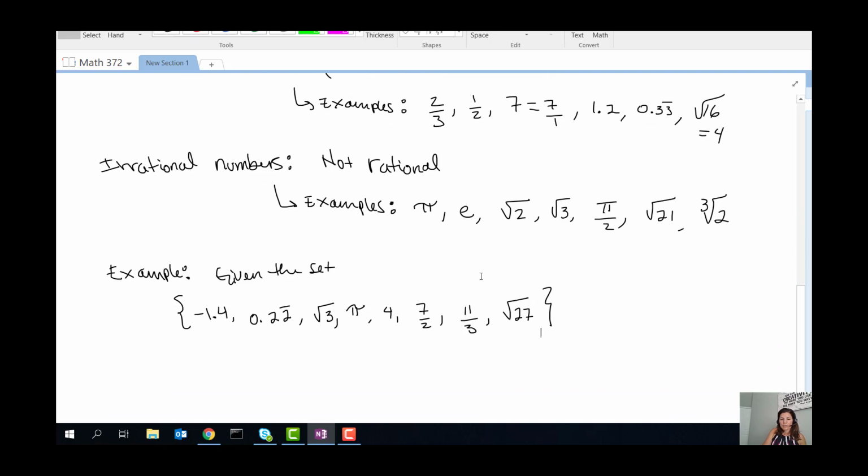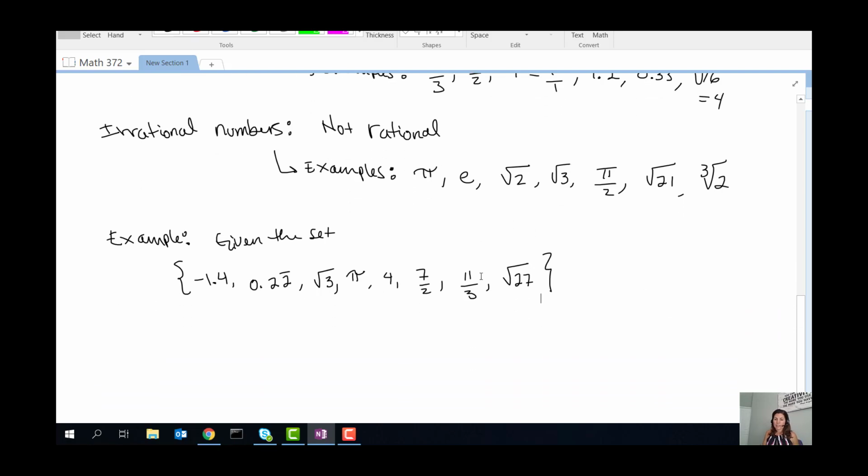So can you from here identify the numbers that are natural numbers? What values from this set are considered natural numbers?